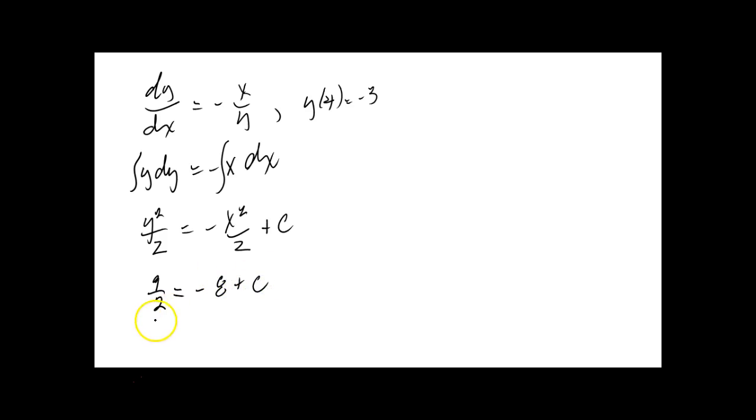So 4.5, if you want to call it that, is equal to minus 8 plus c. Add 8 to both sides, and you get c is equal to 12.5, or in fraction form, 25 halves.